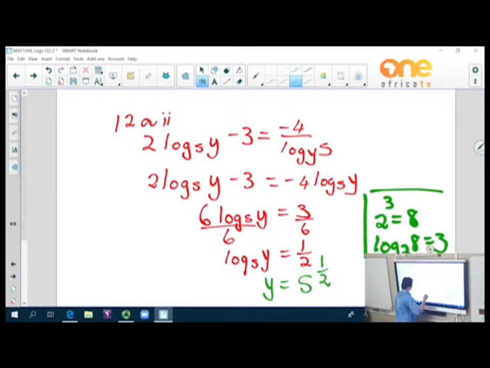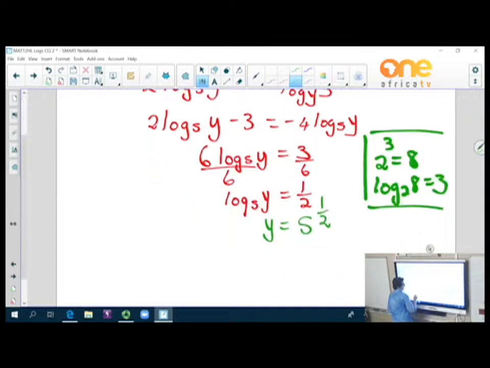And this is the root, so it is the square root of 5, and the answer is 2.24. Because it's logs, we will use the positive value here on this one.